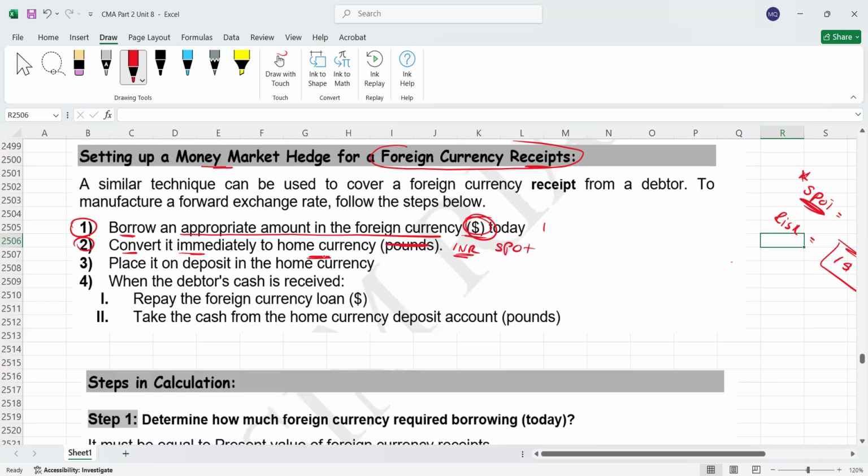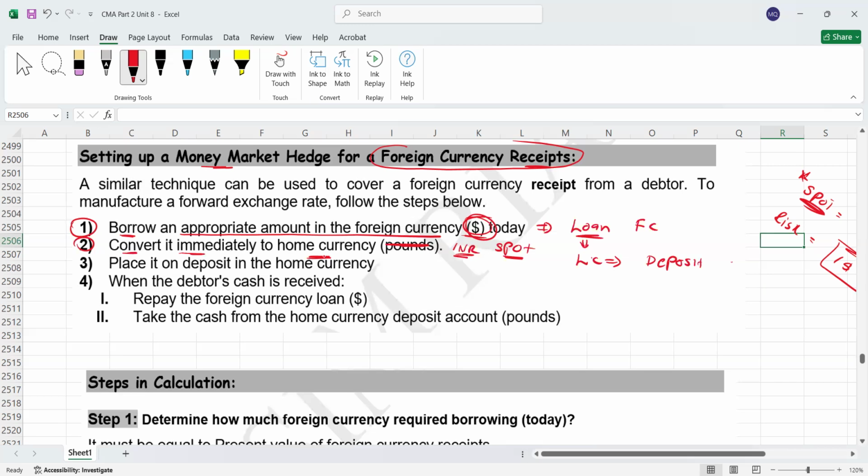Then, third step. Now I have a loan in foreign currency, and I have converted this loan amount into local currency at the spot rate. Now I will deposit this local currency into a bank account.